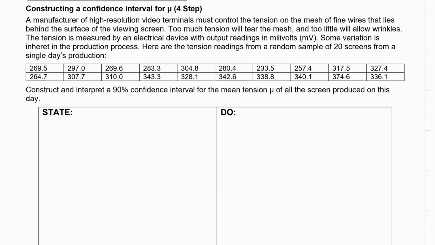The tension is measured by an electrical device with an output reading in millivolts. Some variation is inherent in the production process. Here are the screen tensions for a random sample of 20 screens from a single day's production. Construct and interpret the 90% confidence interval for the mean tension of the screens from this day.